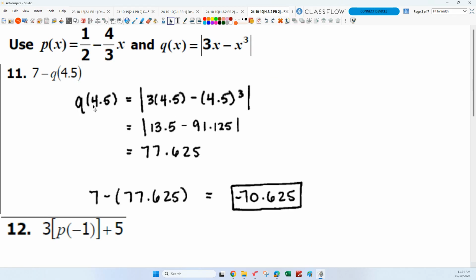So if I plug in 4.5 into Q, when I do all the calculations, I end up getting positive 77.625. 7 minus that number is negative 70.625, and so that's my answer. Okay, give me thumbs on that. Everybody see that? Okay, so when I see Q of 4.5, again, I'm just thinking that's an output number I have to calculate.